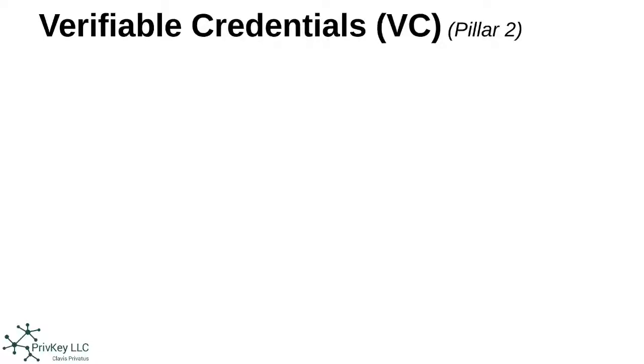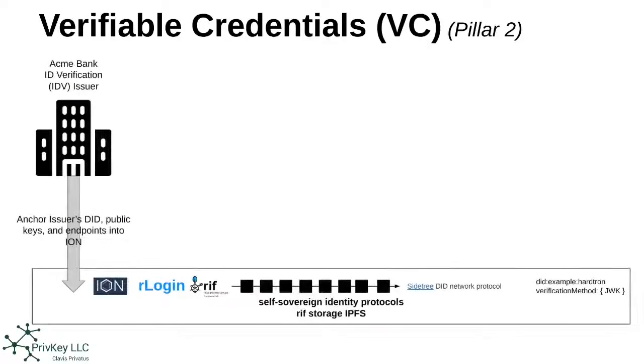The second pillar, verifiable credentials, is basically this example that we talked about. Let's say that we have a bank, right? We call this Acme Bank, ID verification, IDV, it's an issuer. They're the bank that issues these. They anchor these IDs because most of these banks already have a lot of identity of different users, basically their customers, right?